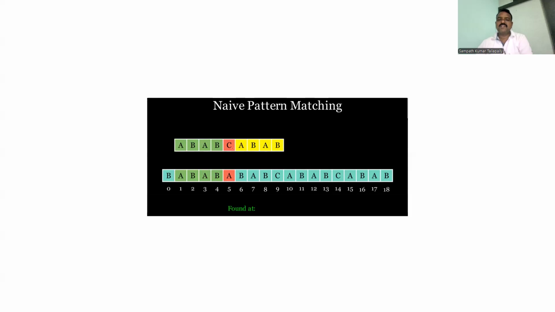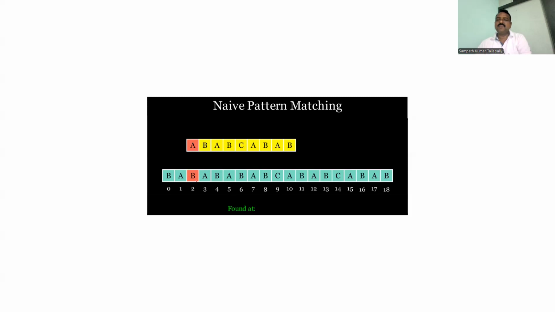When these two characters are not matching, what we'll do in the Naive pattern matching algorithm is send the control again to the beginning, from here to here. It means that if there is no match, we send the control in the backward direction. Whenever I send control in a backward direction, it means that we are increasing the complexity of the algorithm.